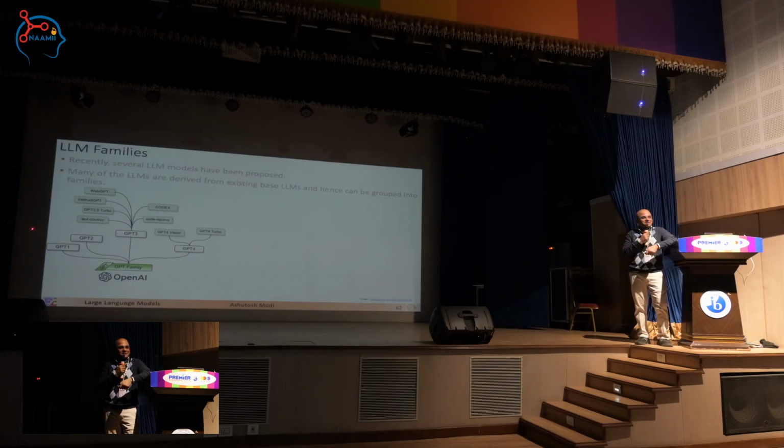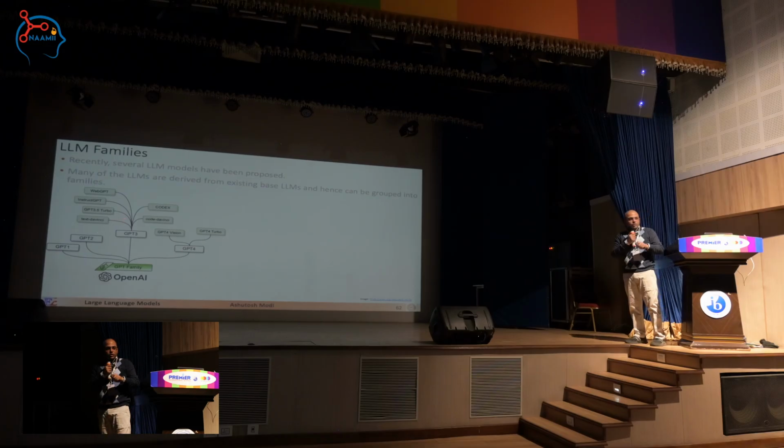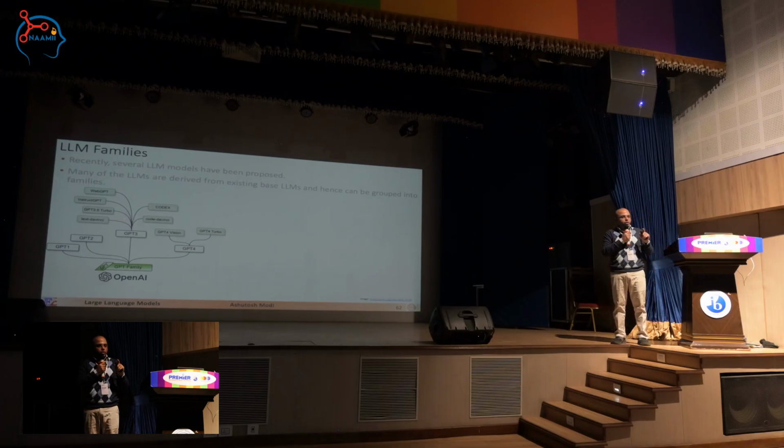In this OpenAI family, GPT-1 and GPT-2 were much smaller models, but GPT-3 was at a different scale altogether, 175 billion parameters. Several other families have come from this, for example Codex, which comes from GPT-3 and was fine-tuned only on code or programming data. It can solve programming problems and help you write better code.